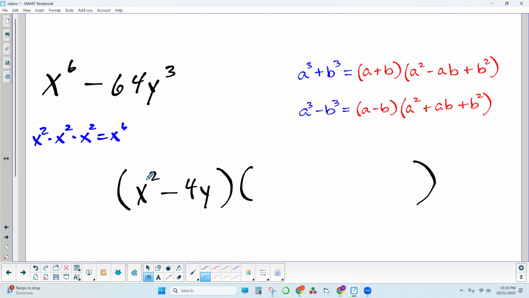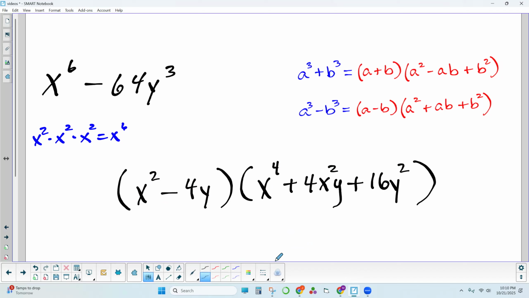So x squared and x squared is x to the fourth. This is subtraction, so we're going to add the product of a and b. So that's going to be 4x squared y. And then lastly, we're going to add b squared, which is 16y squared. And that's all there is to it.